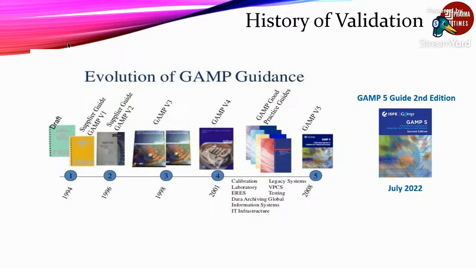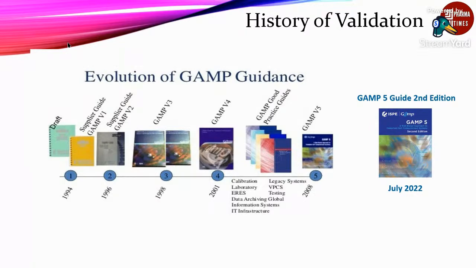Then afterwards GAMP 3 in 1998. Then GAMP 4 in February 2001. Then many guidelines, meaning regulatory agencies, were established alongside the GAMP guideline.